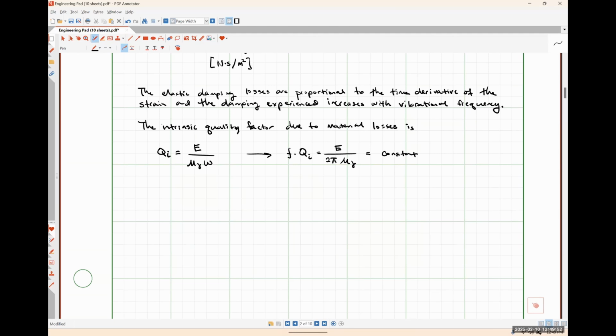So the FQ product is a figure of merit that is used to choose low loss materials for resonator designs and things like that.